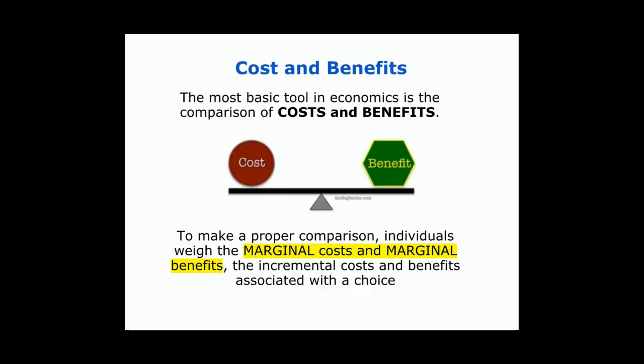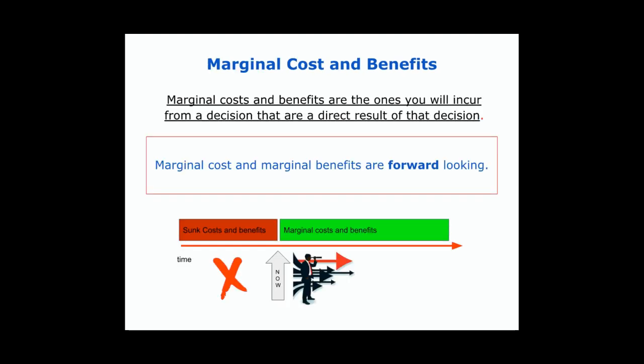Now, the most basic tool we have in economics is the comparison of costs and benefits. But we don't just compare any costs and benefits. In economics, when we're looking at choices, individuals weigh the marginal cost and the marginal benefits. These are the incremental costs and the incremental benefits that are associated with the choice that we're making. And so sunk costs or past benefits don't matter.